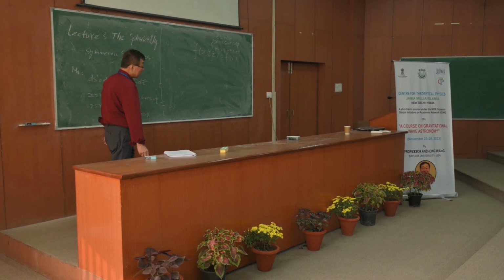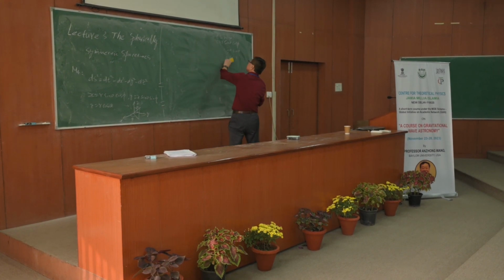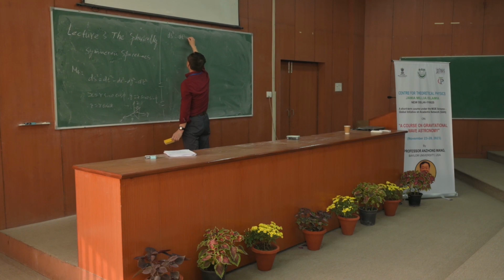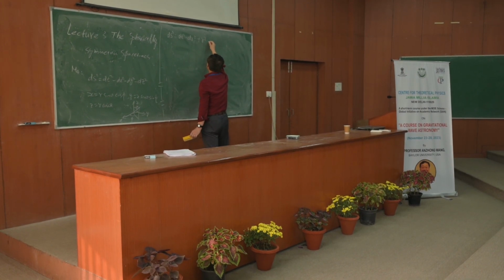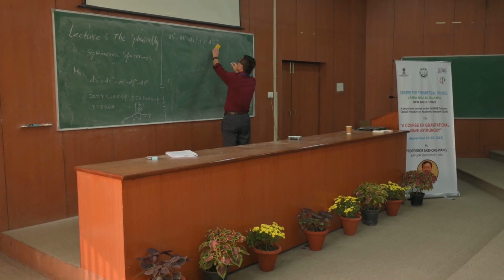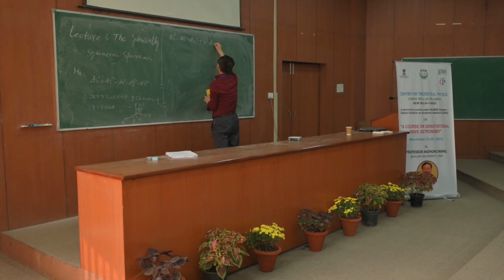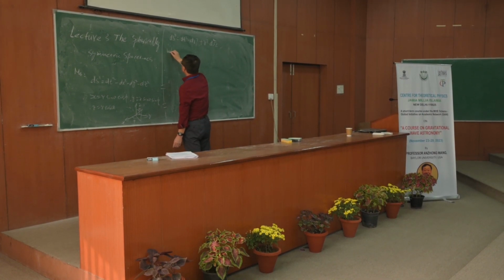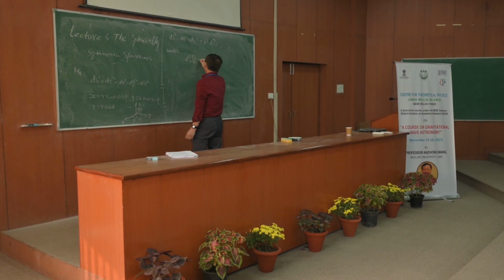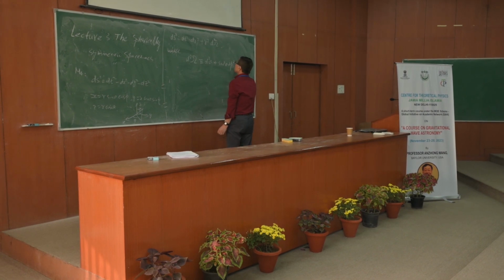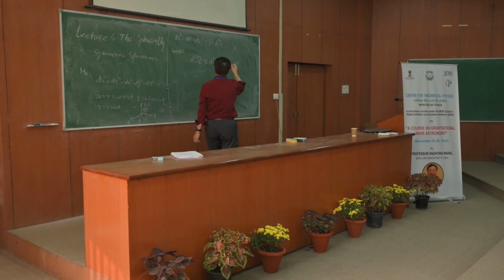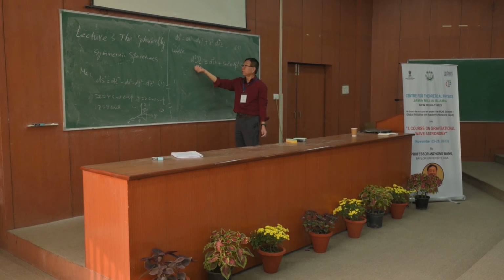So plug this into this expression, I have ds squared equal dt squared minus dr squared plus r squared d omega squared, where d omega squared equals d theta squared plus sin squared theta d phi squared.